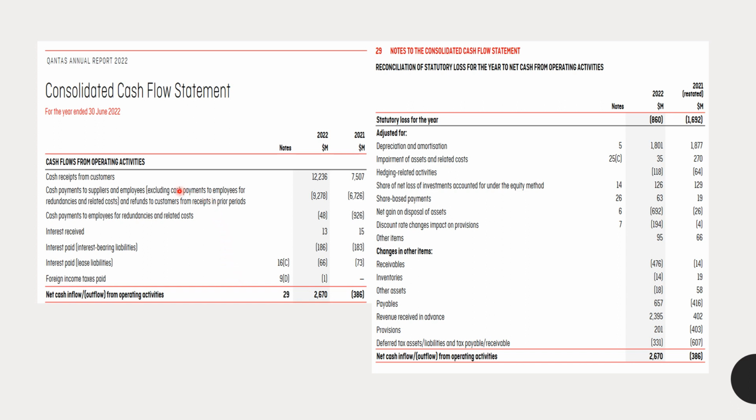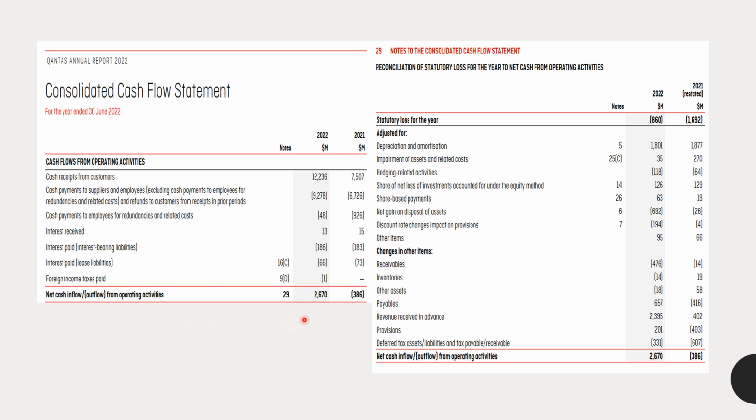That is, here, Qantas reported how much cash it received from its customers, how much cash it paid to its suppliers and employees for salaries, how much cash it paid to employees for redundancies, interest it received, interest it paid, and income taxes paid, and so on.